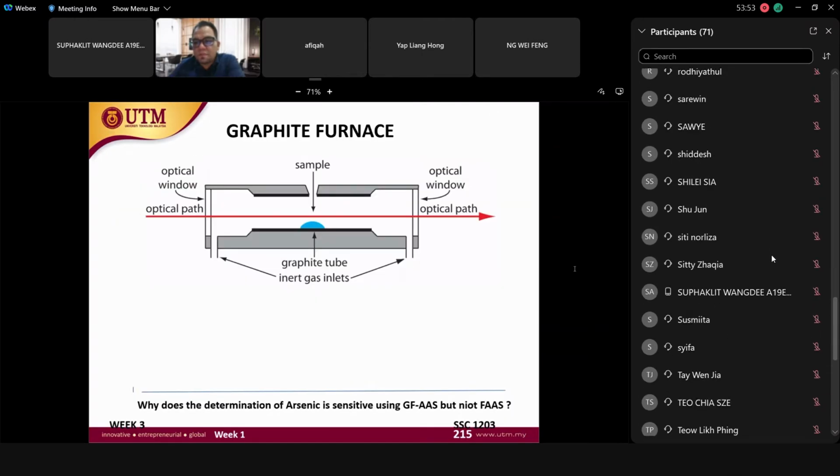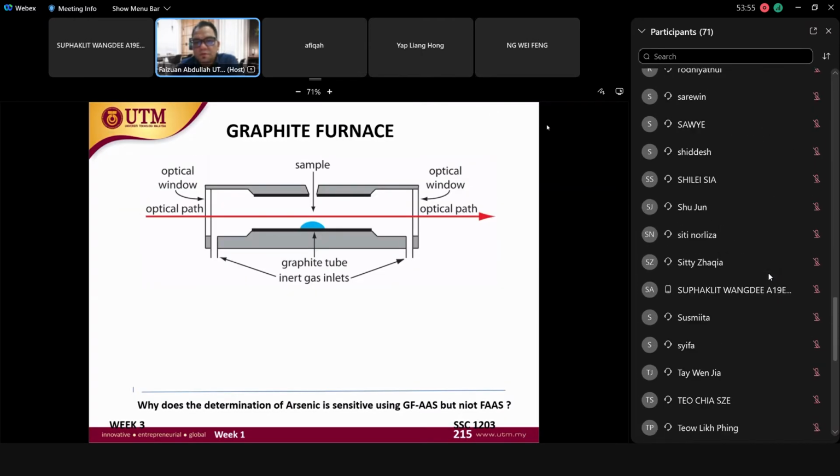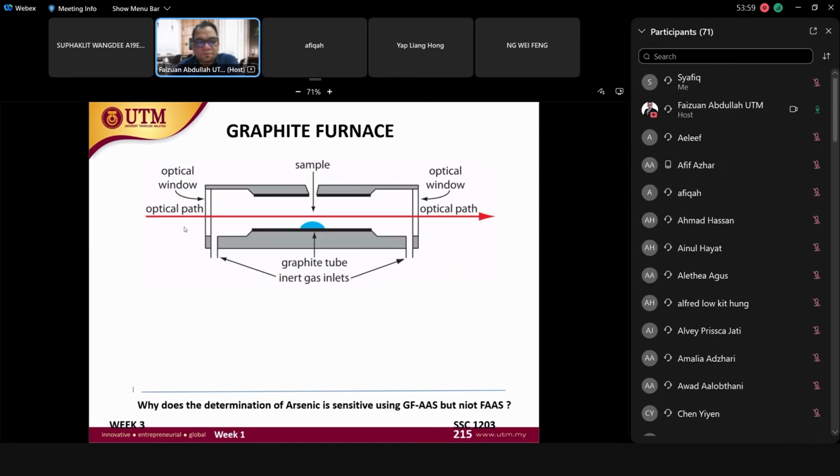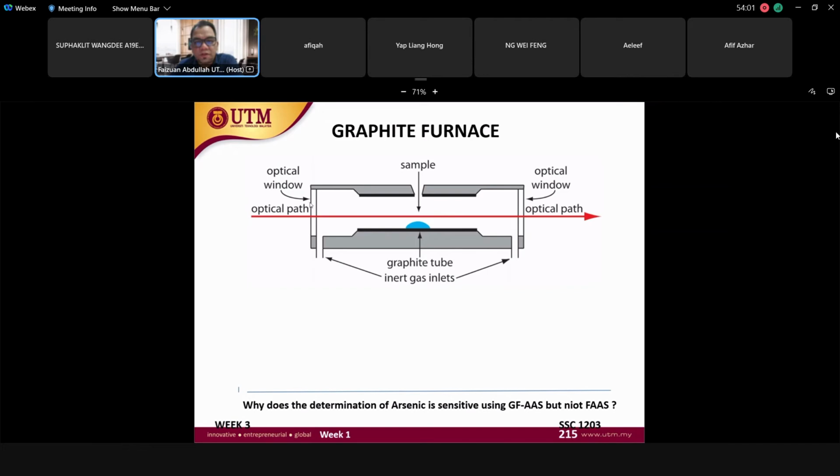All right. So there we have the graphite tube. We have the optical window, and at both sides of the optical window, we have the hole here for the auto sampler to inject the sample inside the tube.